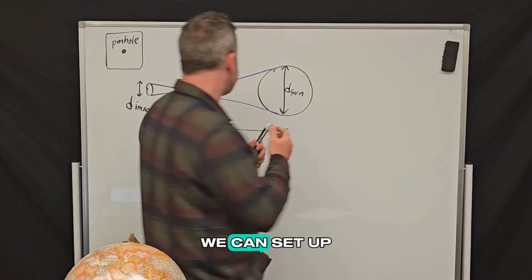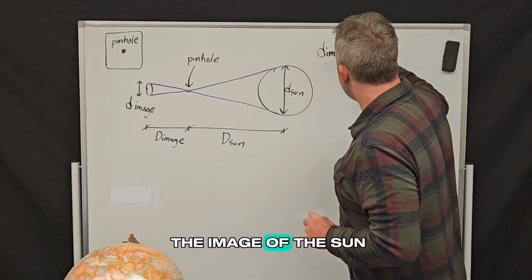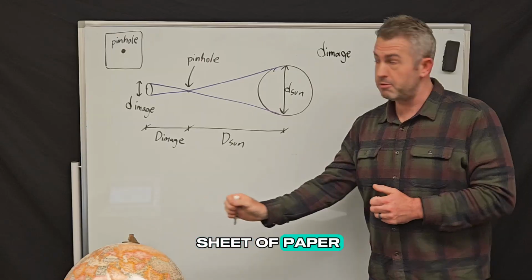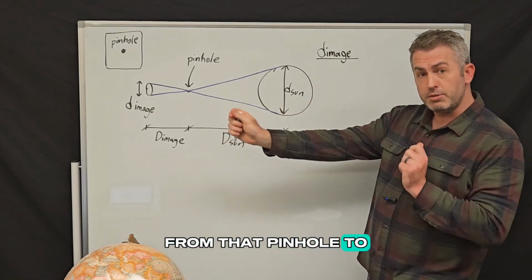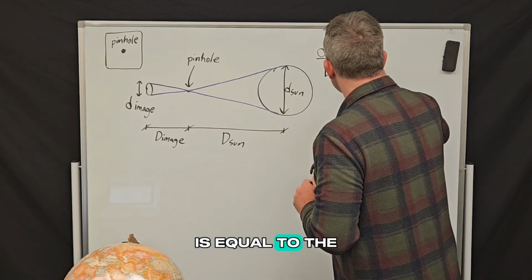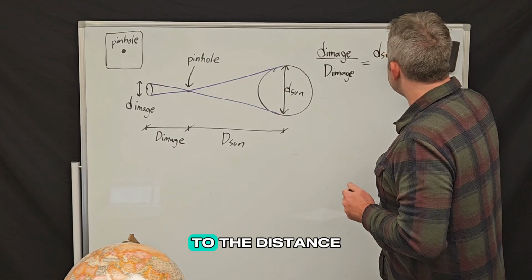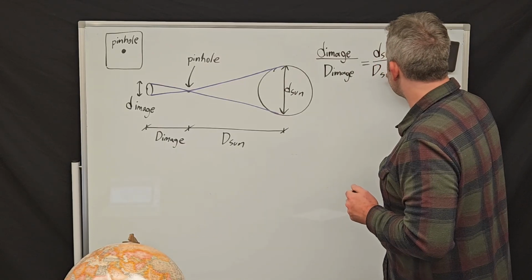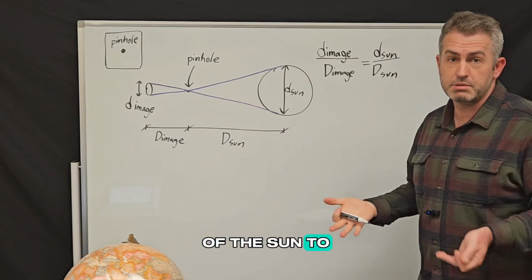And so it turns out we can set up a ratio where the diameter of the image of the sun that's projected on a sheet of paper divided by the distance from that pinhole to that sheet of paper is equal to the same ratio of the diameter of the sun to the distance from the sun to that pinhole, which is essentially the distance of the sun to planet Earth.